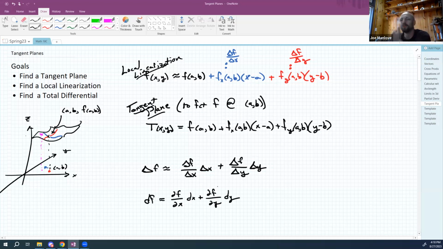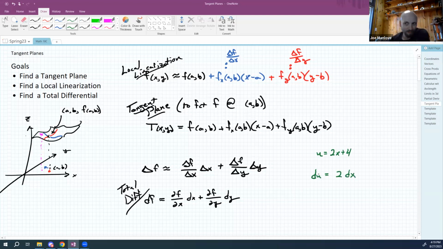You guys actually use these some. Remember when you do u substitution in one-dimensional calculus? This is the total differential. The thing I want you to recall off to the side here is, let's say u is 2x plus 4, then you say du is 2 dx.